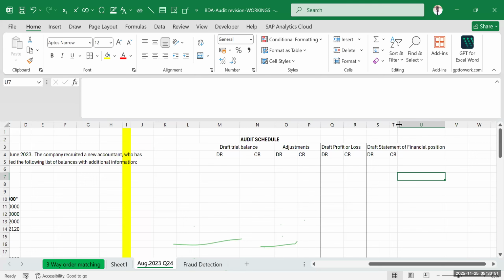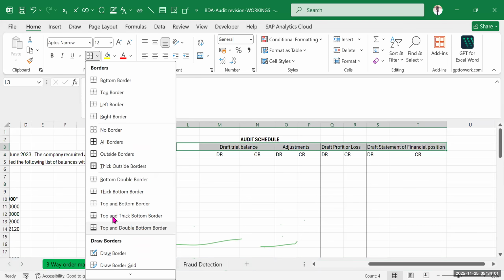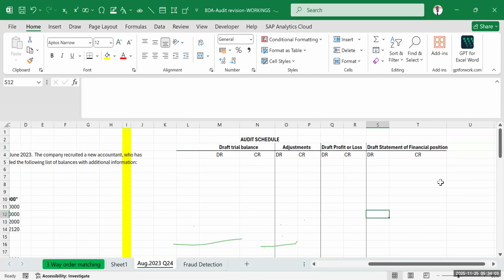So is it this column here? Okay, so that is it. I think that one now is in order. Then maybe I just put one line for the titles like that.